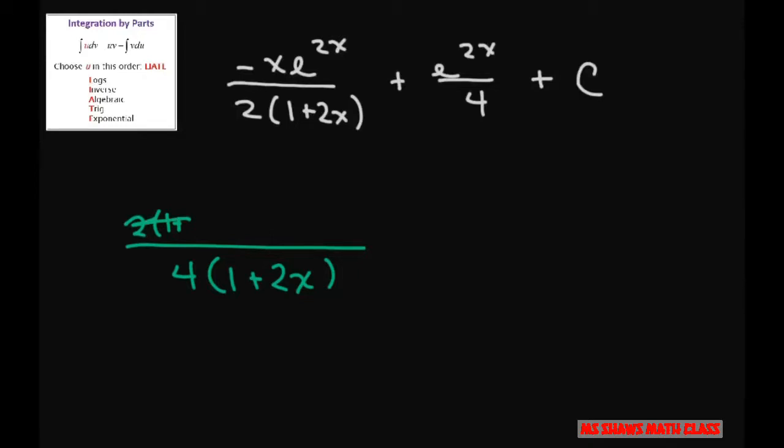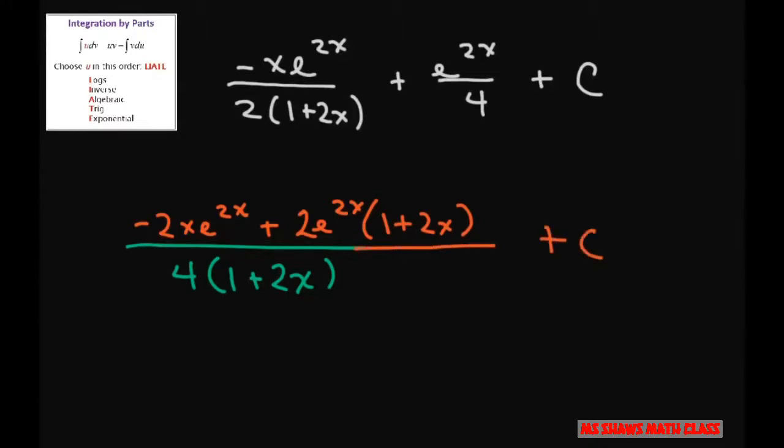So we're just going to multiply this by 2 to make sure we have the common denominator. So this is negative 2x e to the 2x plus, now this part I have to multiply by this, is going to be 2 times, I'll put the 2 in front, 1 plus 2x. And then you have your plus c.